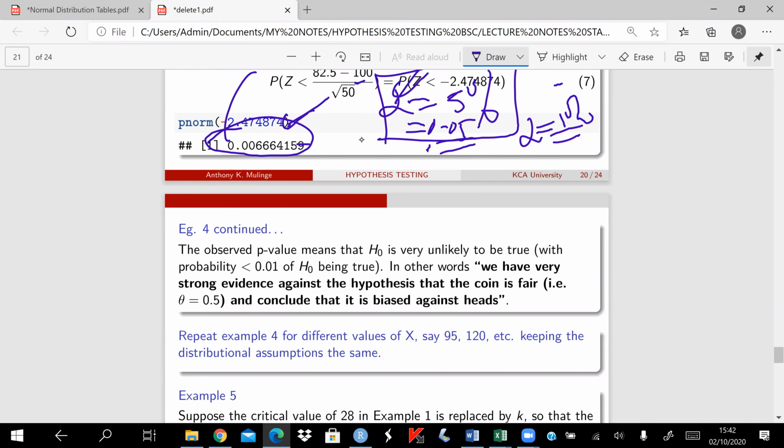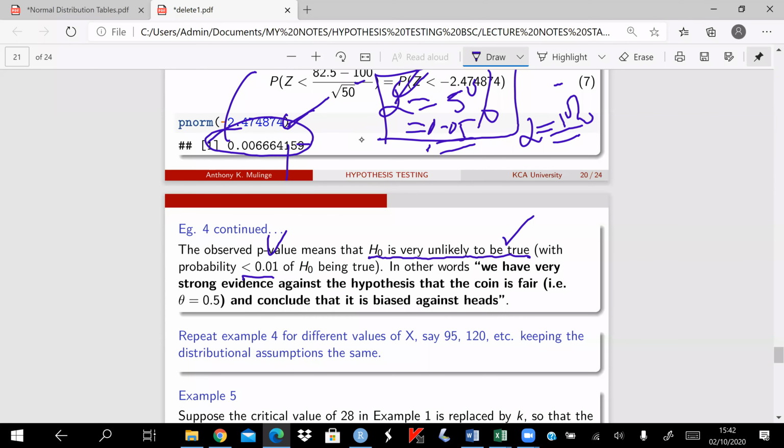So what have we said here? We said that the observed p-value, 0.006 whatever, means that H0 is very unlikely to be true, because you have very small evidence in support of it, with a probability less than 0.01 of H0 being true.